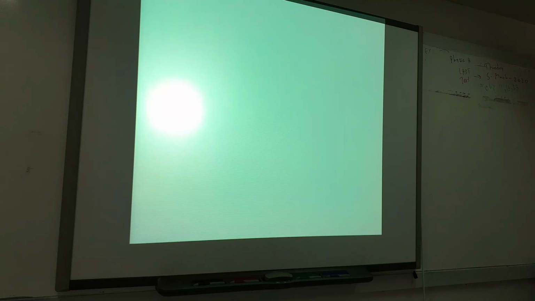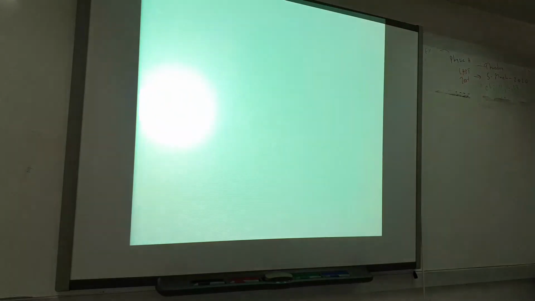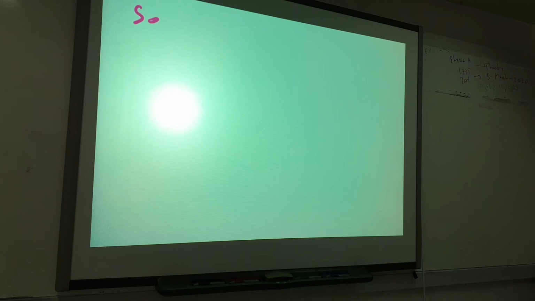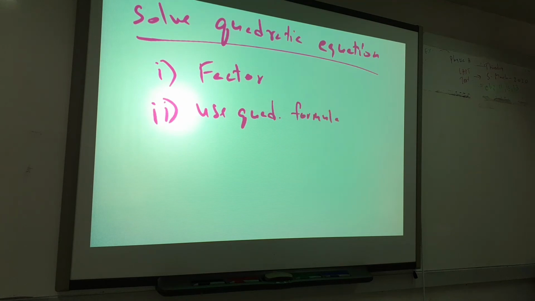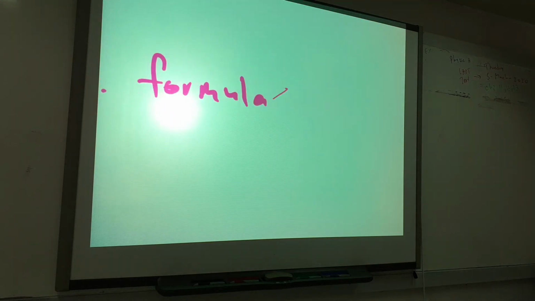Let's write it here. If you want to solve a quadratic equation, what did we just do? The first method is to factor. The second method is to use the quadratic formula: x equals minus b plus minus root of b squared minus 4ac over 2a.